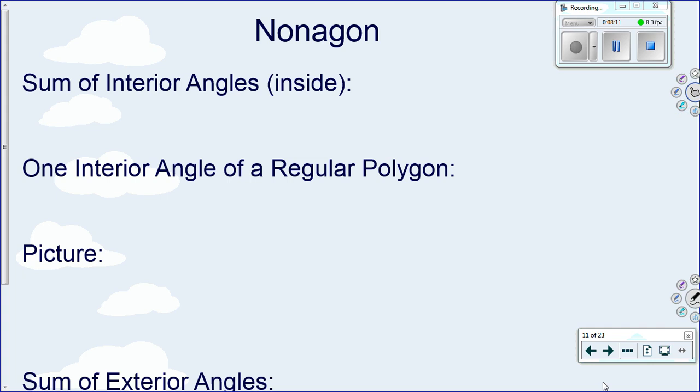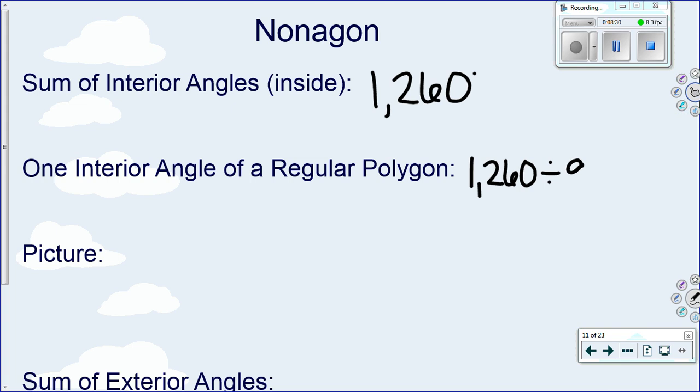My next shape is a nonagon. The sum of the interior angles adds up to 1,260 degrees. To find one interior angle of a regular polygon, I take that number and divide it by how many angles I have, which is 9, and I get 140 degrees per angle. I am not going to attempt to draw a picture of a nonagon.